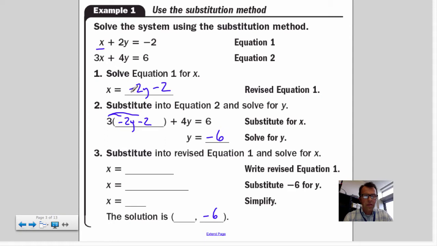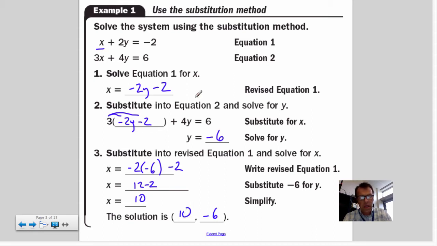Notice that the first equation, you already solved for x, so the fastest move, with the least amount of steps, is to plug into that revised equation. So set the y value to negative 6 and solve. I guess they're giving us a little bit of room here. So this is 12 minus 2, and this would be 10. And so your answer is 10, negative 6.